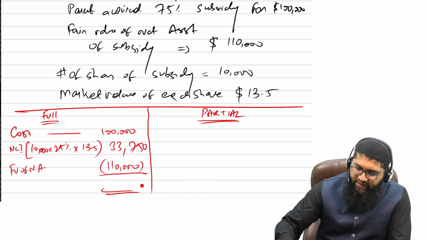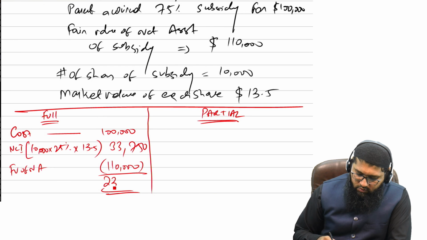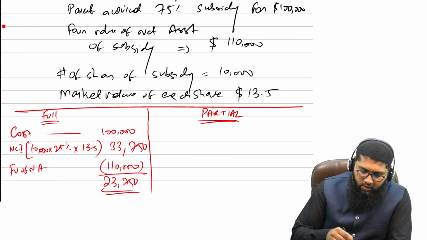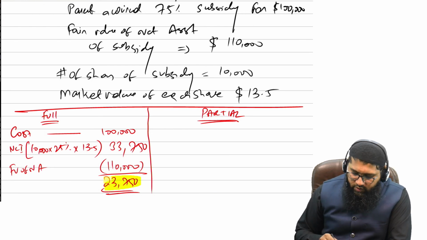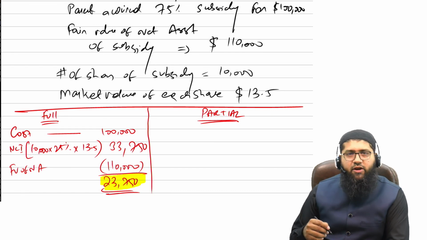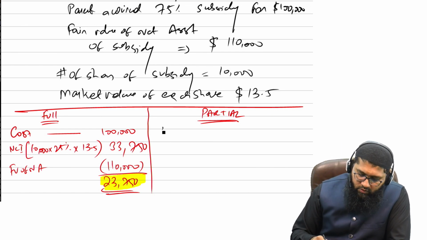The fair value of net assets is 110,000. That gives you 23,750. Right?